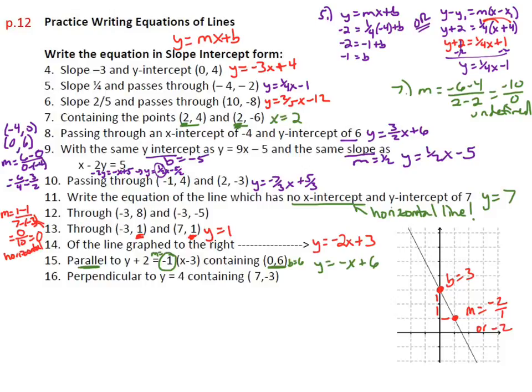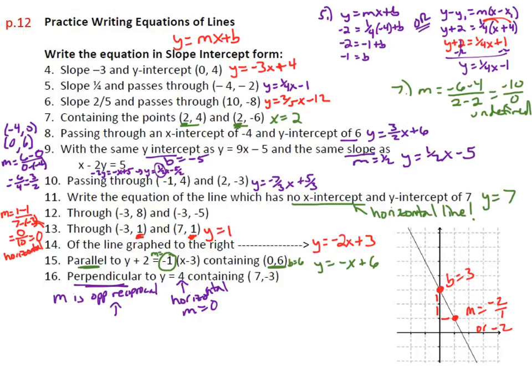If we want a line that is perpendicular, remember the slope is the opposite reciprocal. So we want a line perpendicular to y equals 4 that contains the point 7, negative 3. Well, if y equals 4, that means that we have a horizontal line. So m is 0.